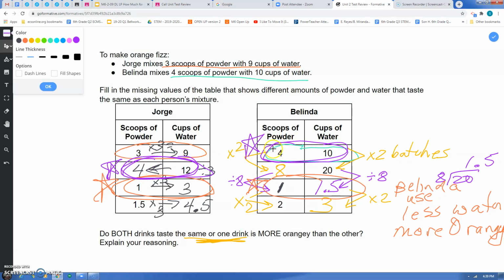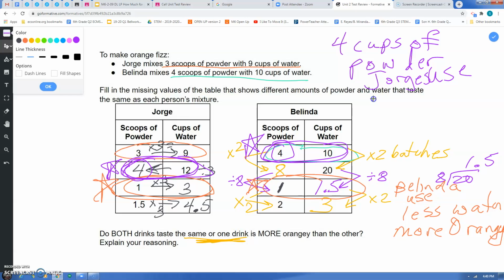Both Jorge and Belinda use 4 powder, but Jorge uses 12 cups of water, while Belinda uses 10. So obviously, different flavor.